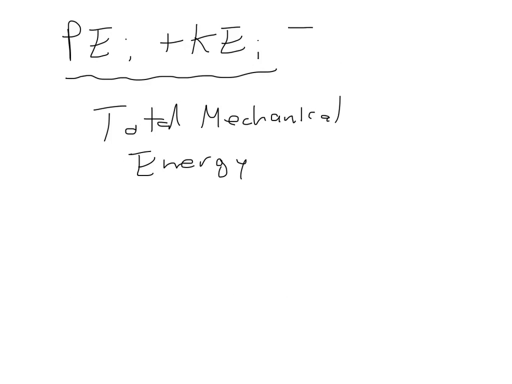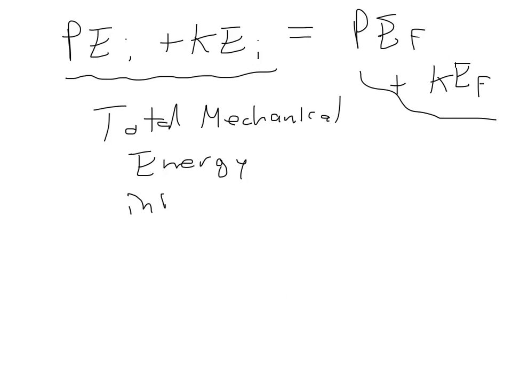And then for the final state, you have the final potential energy plus the final kinetic energy. This would be your initial total mechanical energy, and this would be your final total mechanical energy, TME.